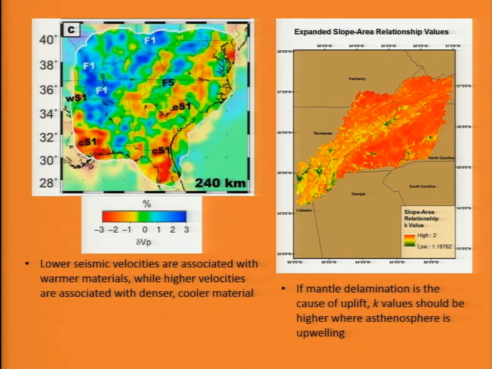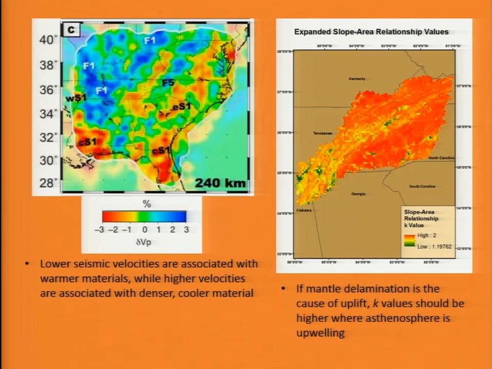That's the proposed site of mantle delamination. When I was looking at that image, I noticed with my slope area relationship values that it seemed to match up pretty well. If that's where the mantle is sinking and we have this hot asthenospheric material upwelling, causing some change in topography, some increased elevation, then we should see some increase in values along these blue sections right here, with lower values concentrated along the red and the yellow.